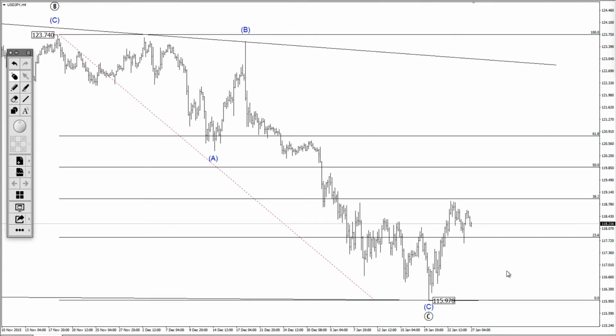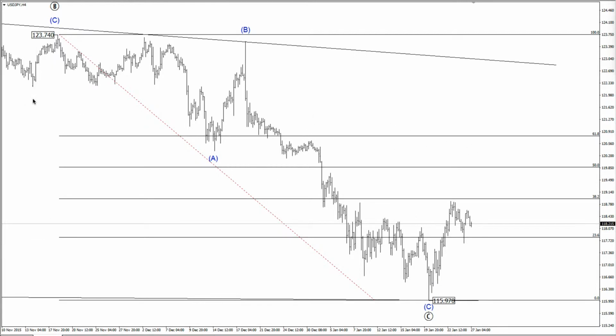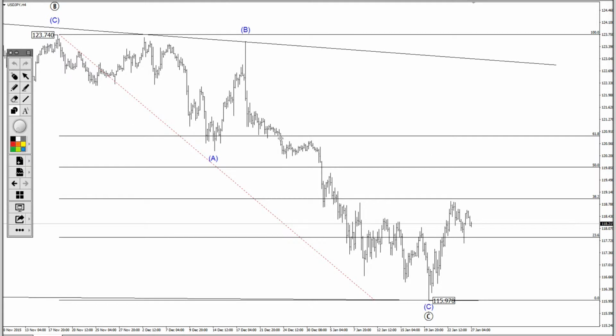Dollar yen. I have used my Fibonacci retracement tool here so we can compare this recent upwards move to the previous leg of the triangle. So 61.8% Fibonacci retracement level would be one possible target for this forming leg of the triangle.